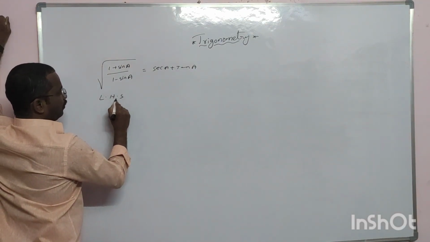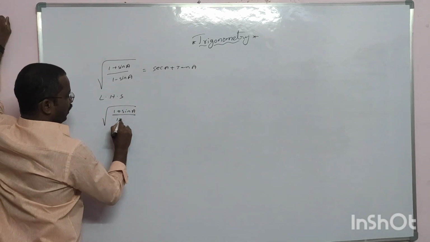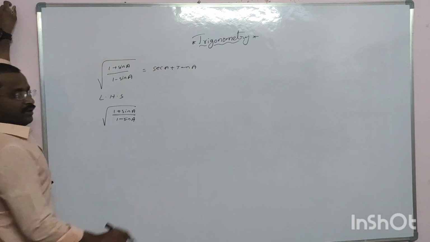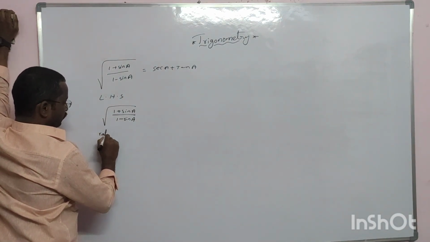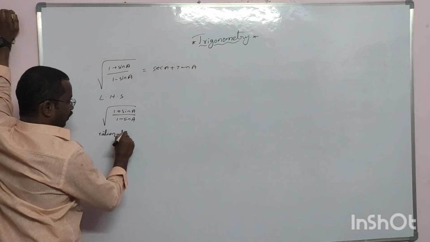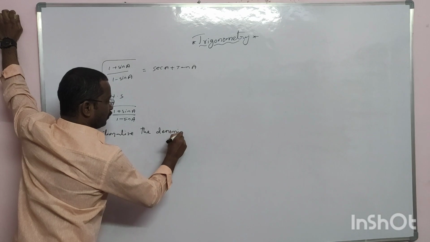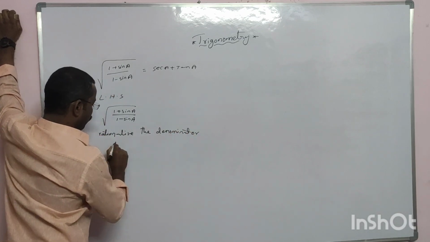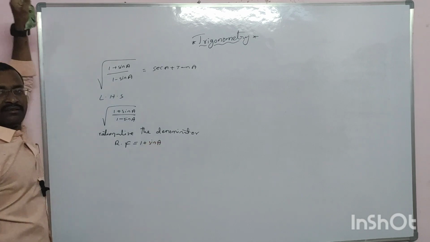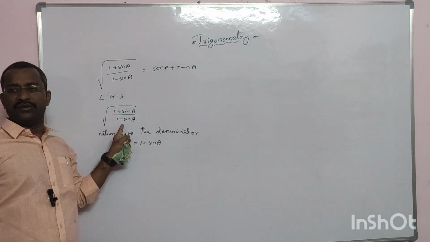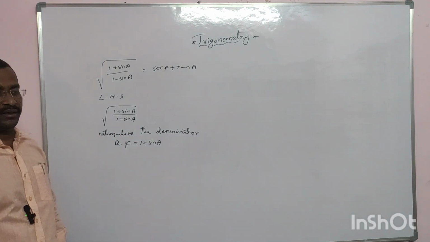So first take the LHS part: square root of 1 plus sin A by 1 minus sin A. Rationalize the denominator. So what is the rationalizing factor? 1 plus sin A. Because in the denominator, if it is minus, take a plus; if plus, take a minus, according to the 9th class last exercise.